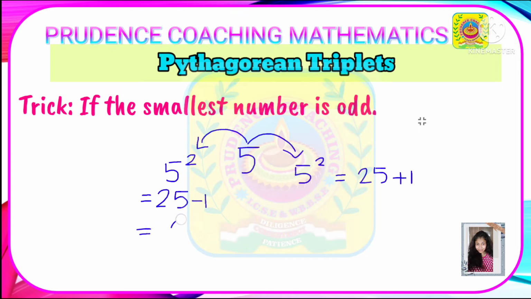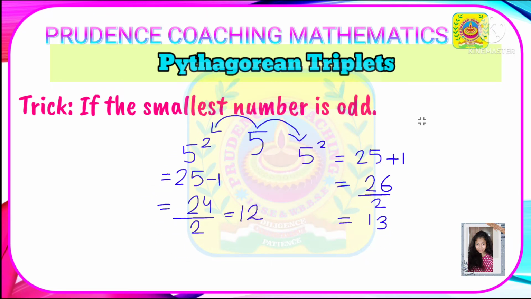So 25 minus 1 is 24, and 25 plus 1 is 26. Next step is to divide by 2. So 24 divided by 2 is 12, and 26 divided by 2 is 13. So this is the triplet: 5, 12 and 13, and 13 is the hypotenuse here.